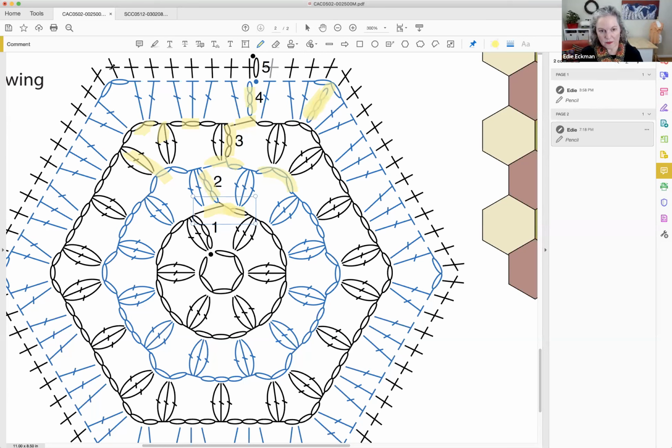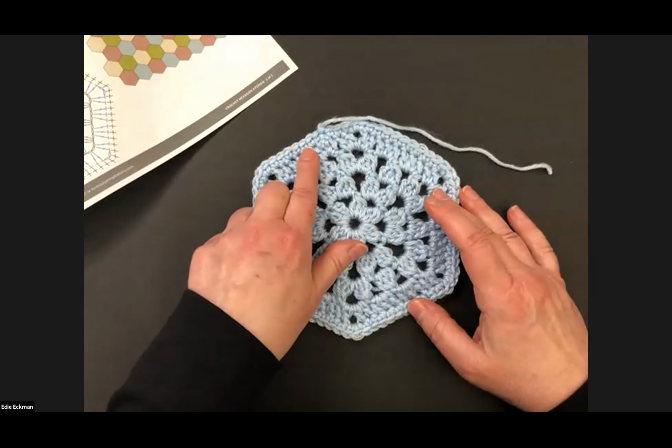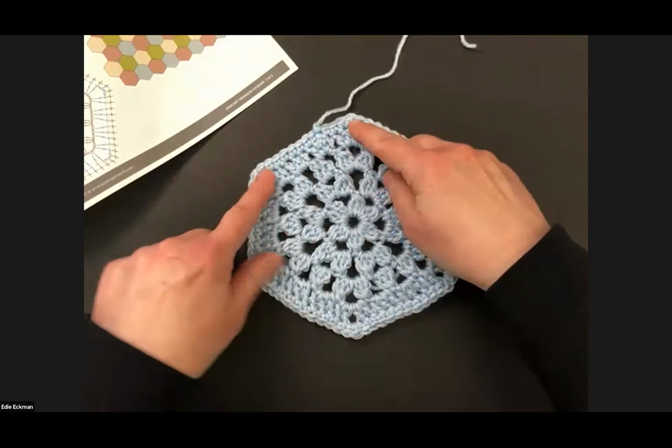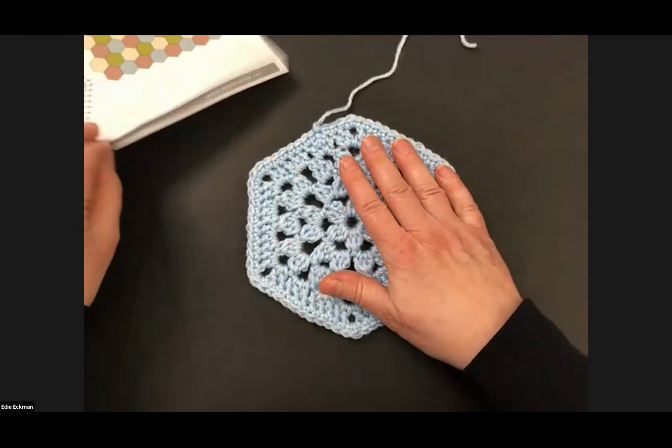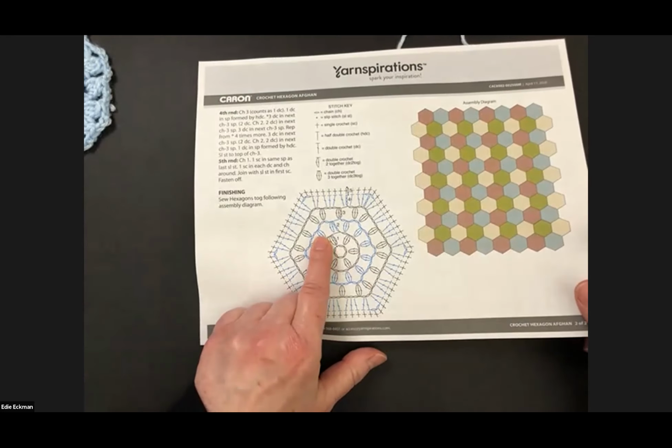So you end up then with a solid edging around all of this. Okay. So that is how you would read this chart.